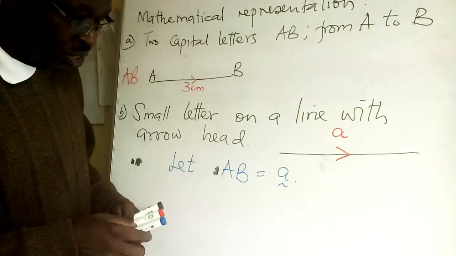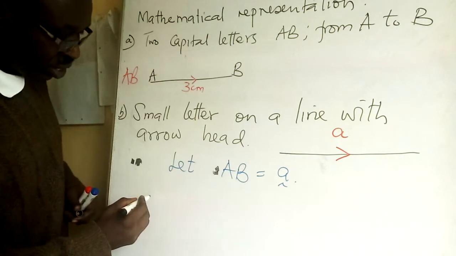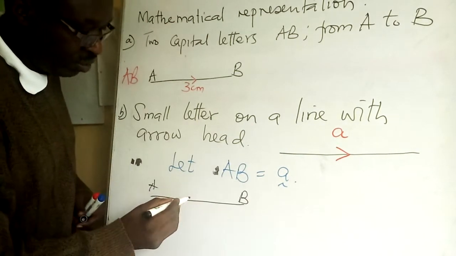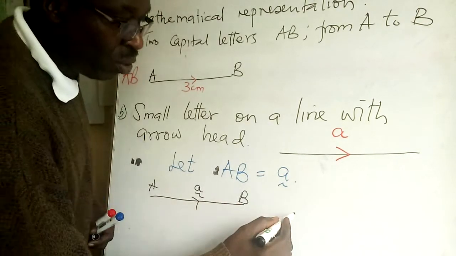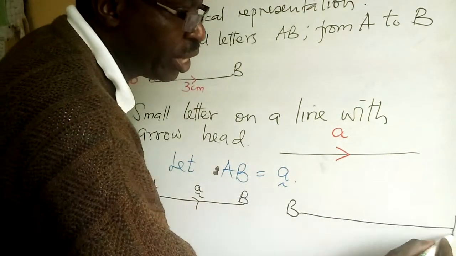Okay? So, what do I mean here as I finish? Look at this. This is A, B. I've told you this is A. Now, what would be BA?